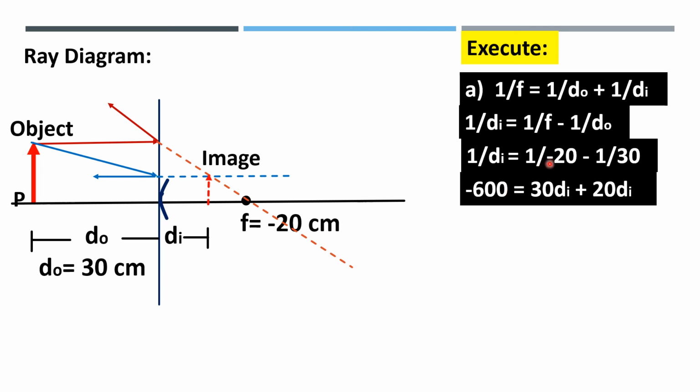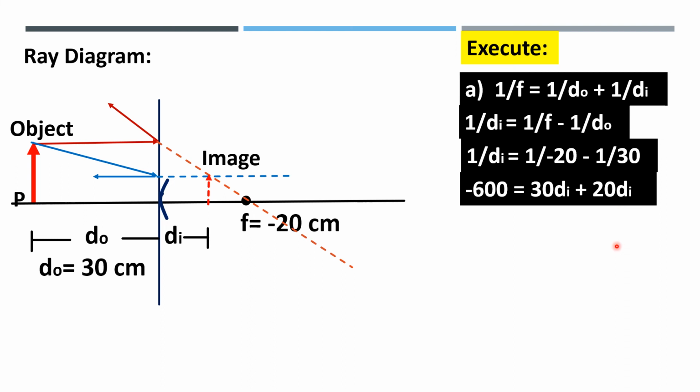When multiplied by 1 over negative 20, we get 30 di. Similarly, when negative 600 di is multiplied by 1 over 30, we get a positive 20 di.